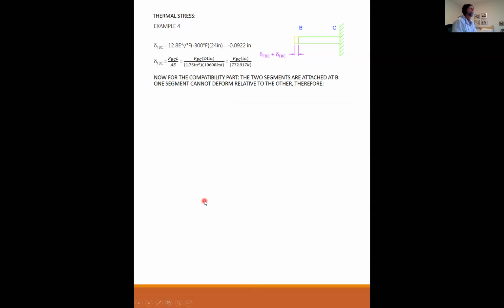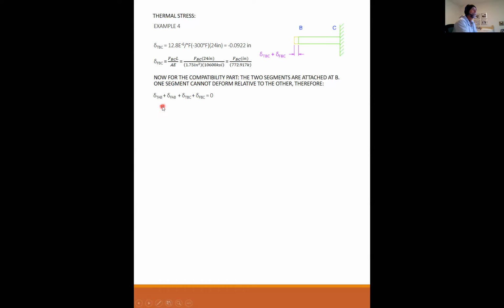All right, so now for the compatibility part. The two segments are attached at B. They can't just pull apart and create a gap. They're attached. One segment cannot deform relative to the other. Therefore, all of the deformations have to equal 0.